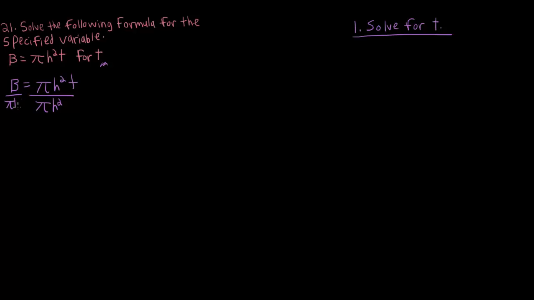Pi h squared. So these cancel out. So b over pi h squared equals t, or t equals capital B over pi h squared.